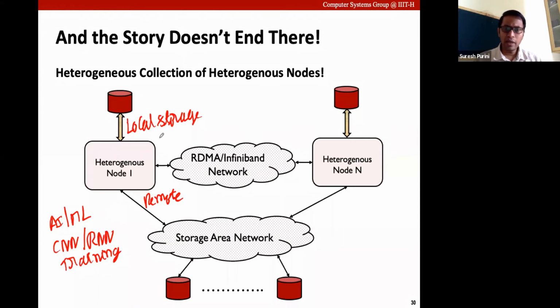So given a CNN training algorithm or an RNN training algorithm, how do we map that training algorithm to this heterogeneous collection of nodes? This is the grand challenge that we have.